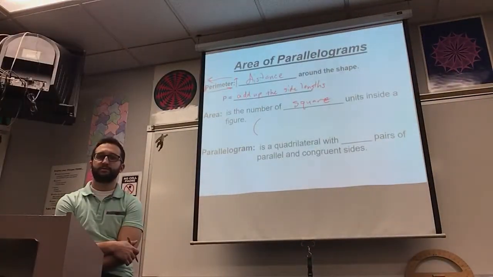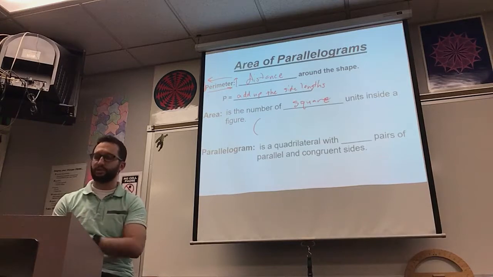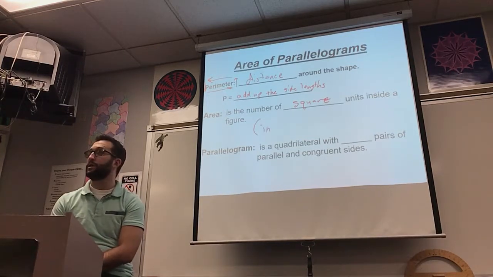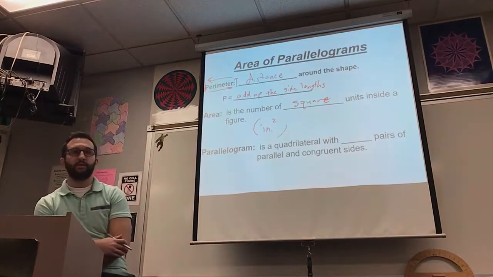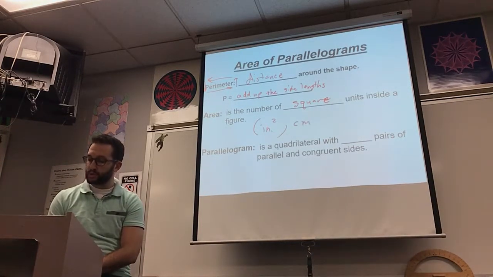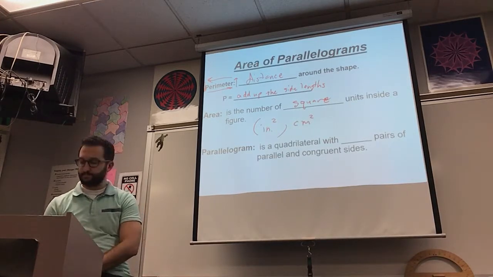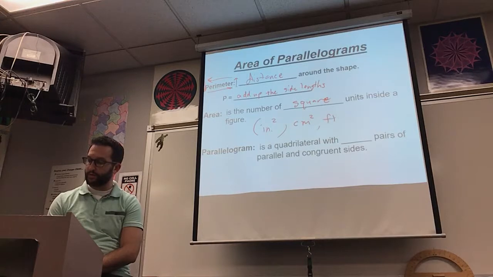What are some units of length that we know? Inches. So what would be the area if the measurement is in inches? It'd be inches squared. What else? Centimeters squared. Give me some more. Feet squared.